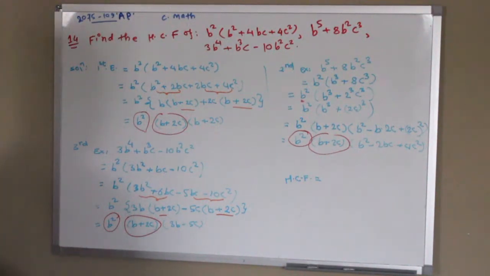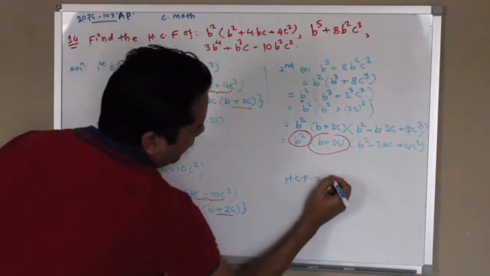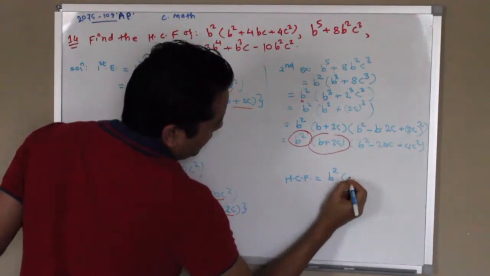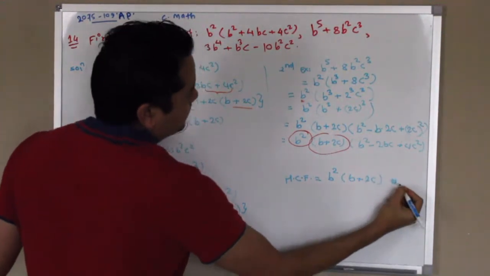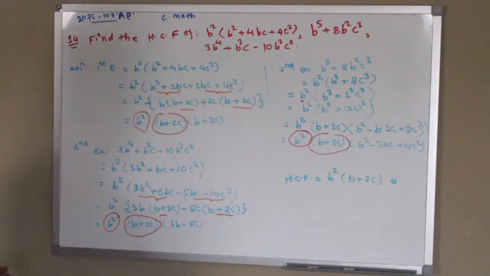Right? So b squared times b plus 2c, b squared times b plus 2c. So everything, they are in common. So I can write down b squared times b plus 2c is the answer.